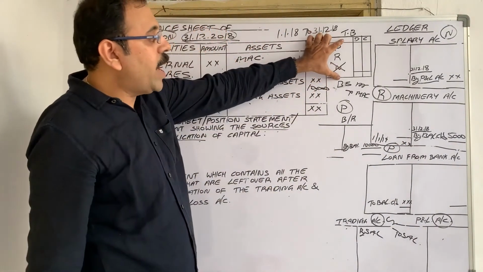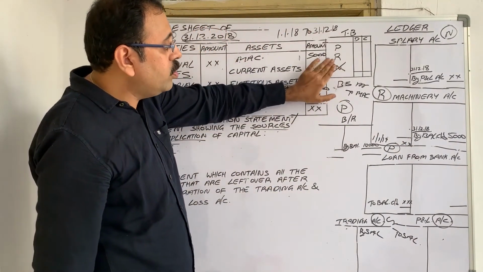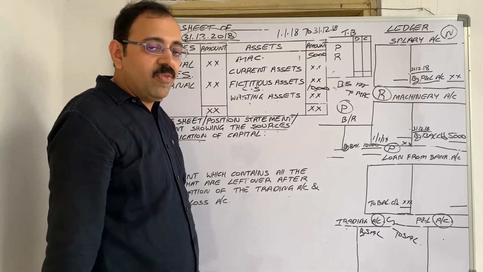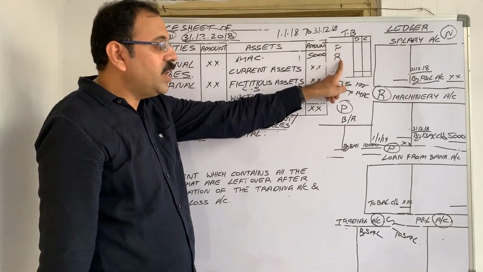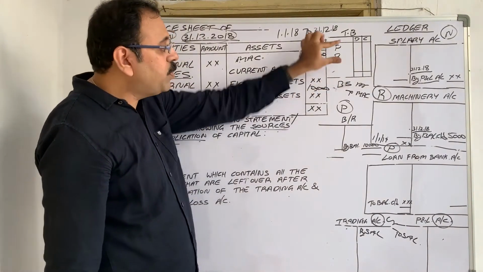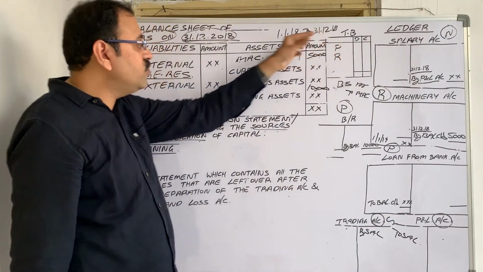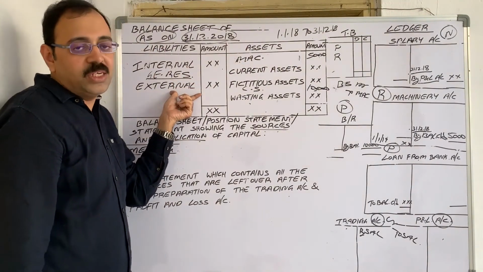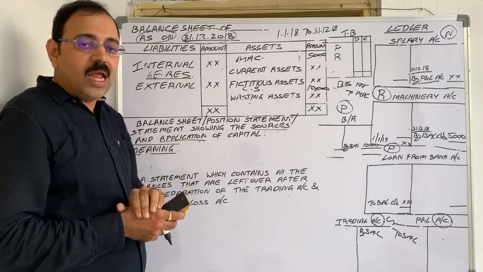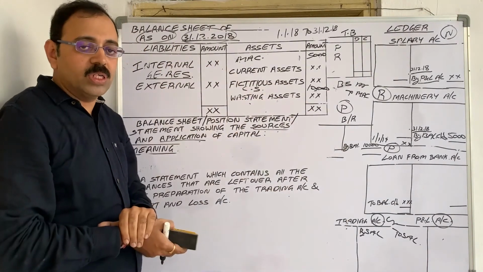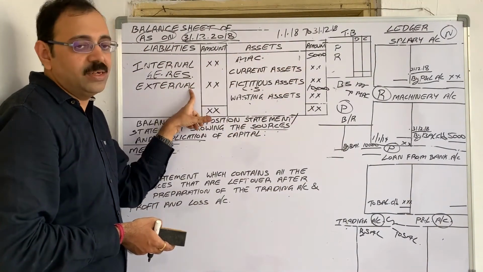So in the trial balance, if nominal accounts are removed, what are the remaining accounts? Personal accounts and real accounts only. These we have to show in the balance sheet. So the balance accounts, nothing but the leftover accounts, we are showing in the balance sheet.